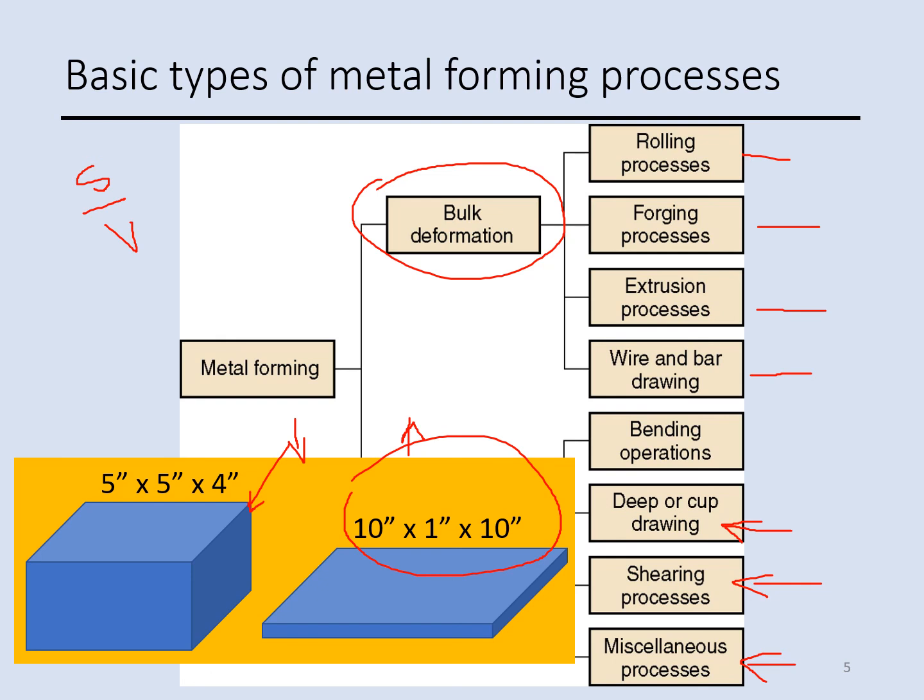So the surface on this sheet is larger. In general, in sheet metal forming, we are dealing with material with a thin thickness.